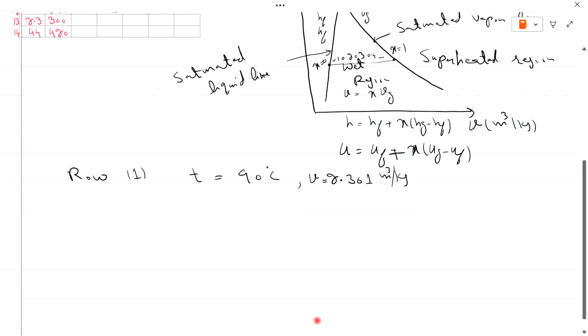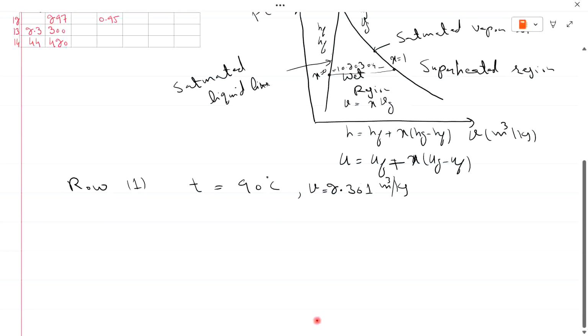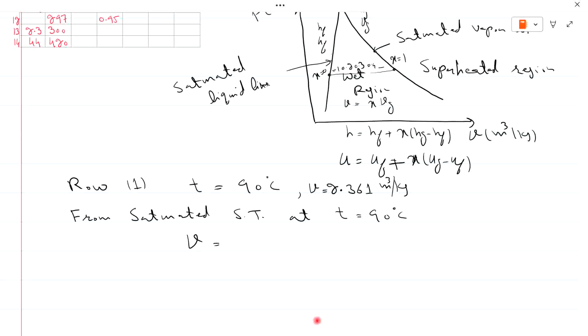First we check whether these properties are in the wet region, on the saturated vapor line, or in the superheated region. From the saturated steam table, at temperature equal to 90 degrees centigrade, specific volume is equal to 2.36, which is equal to Vg. V is equal to Vg. It means that the property is on the saturated vapor line.